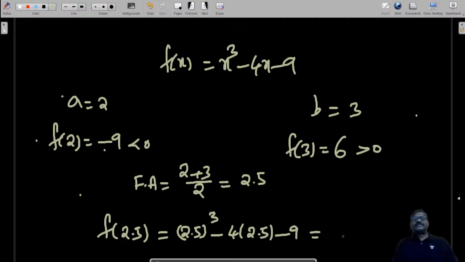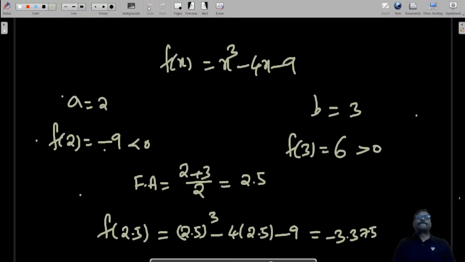The result is 15.625 minus 10, that is 5.625, minus 9, that is minus 3.375.